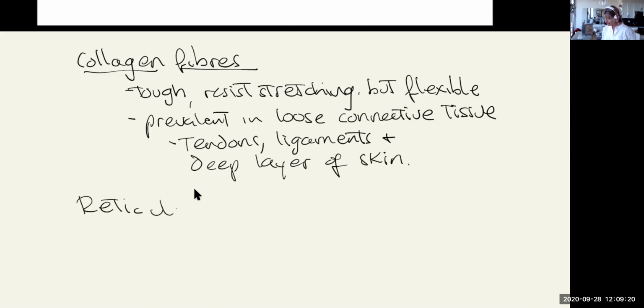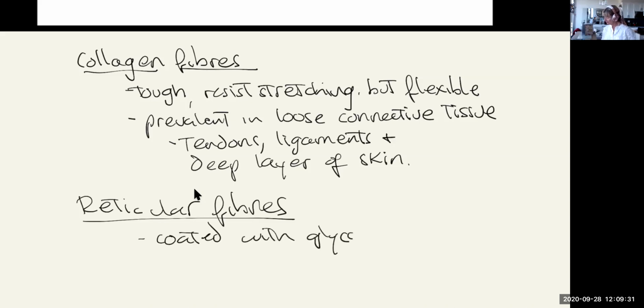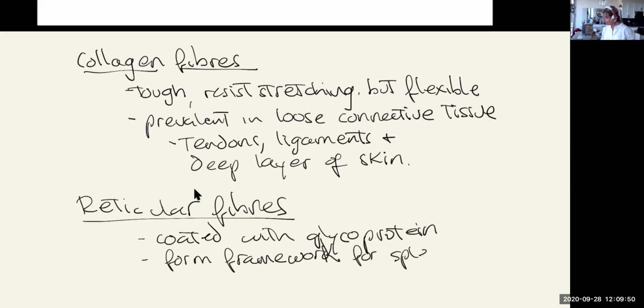Reticular fibers are the ones that are coated with glycoprotein. And they form a kind of framework, like scaffolding almost, for the spleen and lymph nodes.